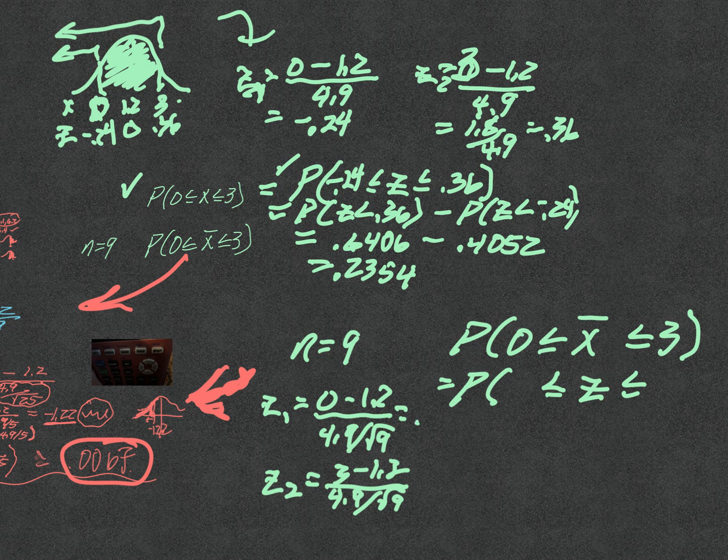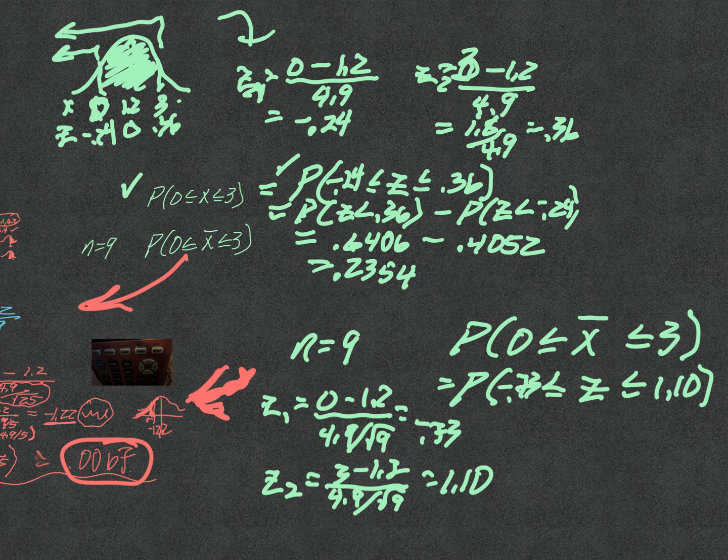This one is negative 0.73, and this one is 1.10. Okay, so our z values are negative 0.73 to 1.10 now.